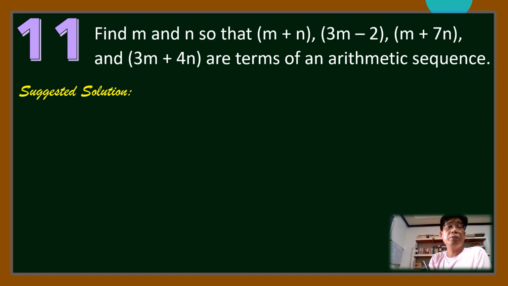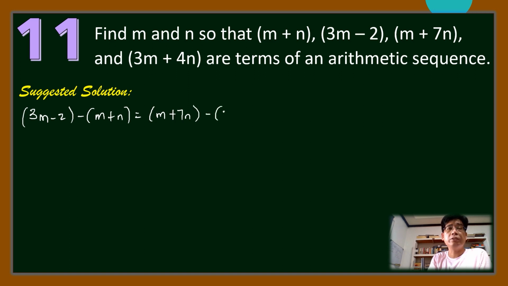So the difference between the second term and the first term must be equal to the difference between the third term and the second term. Let us simplify this equation. 3m minus m is 2m. We have negative 2, then minus n.